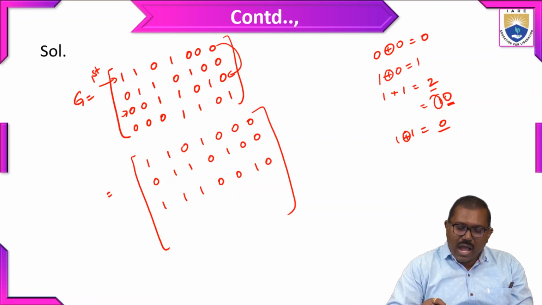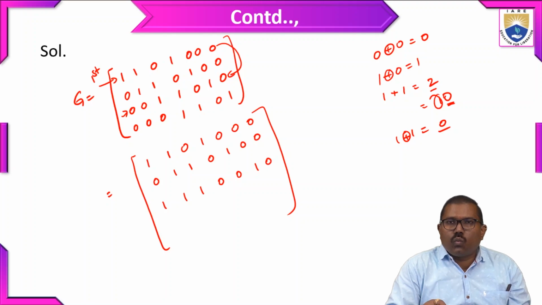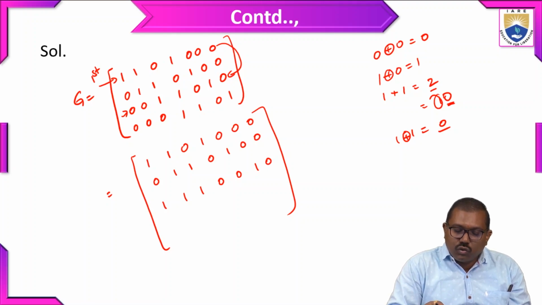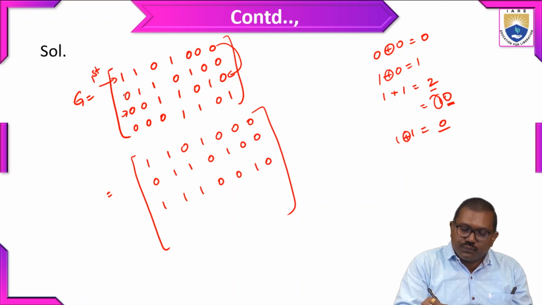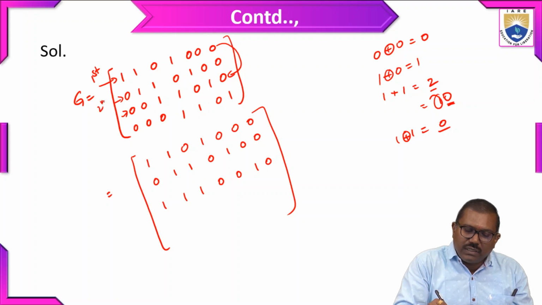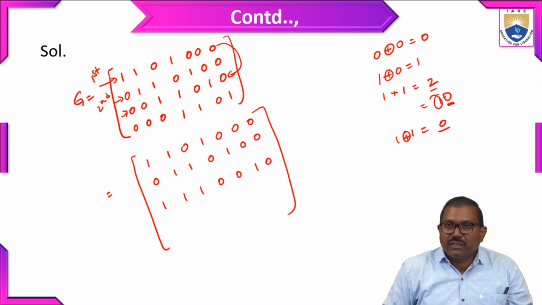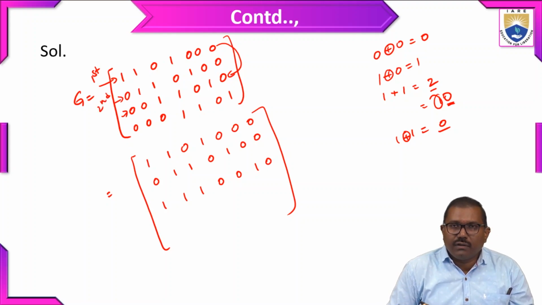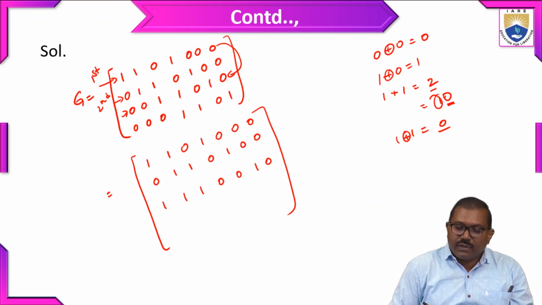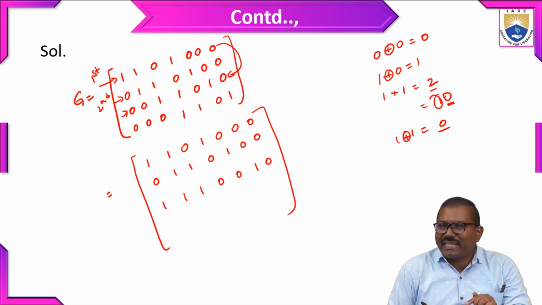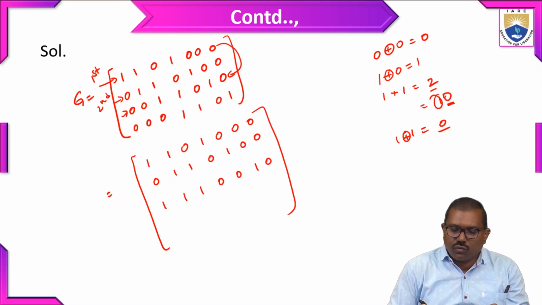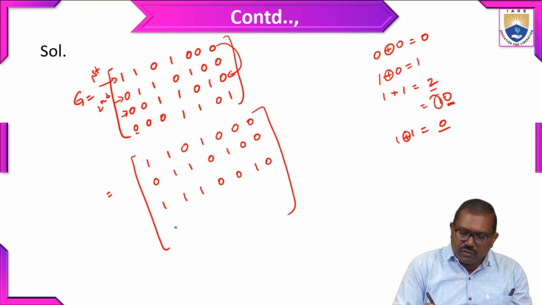So now adding the first 2 rows to the fourth row. What are the first 2 rows? These 2. This is my second row. Now 1, 0, what did you get? 1. Okay. So this 1 again adds with the fourth row, where it is also 0, so 1.